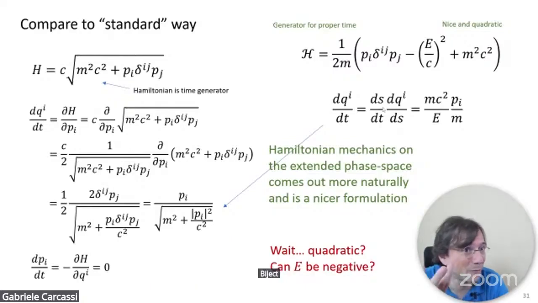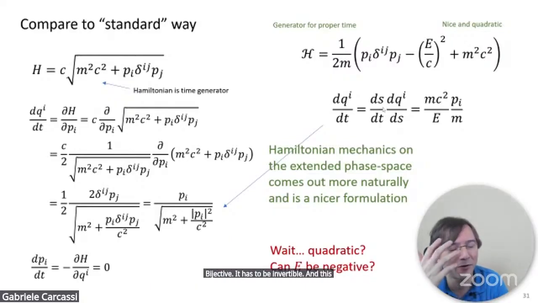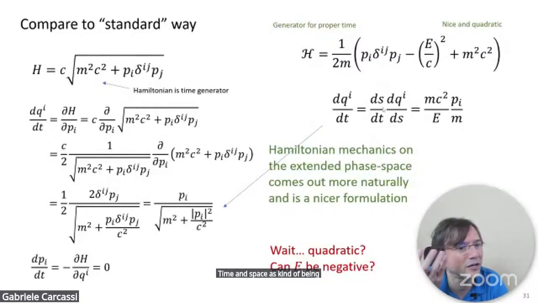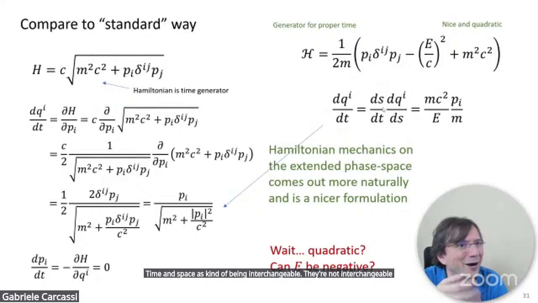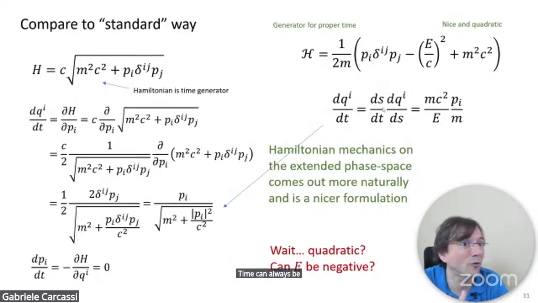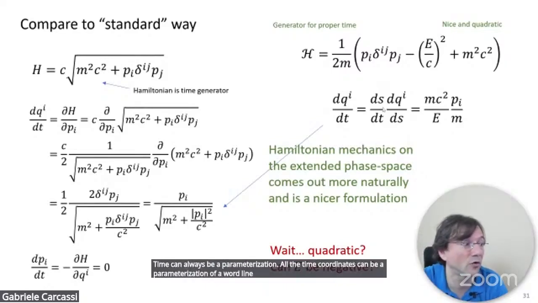It has to be invertible. And this is where, in relativity, we always think of time and space as being interchangeable. They're not interchangeable. Worldlines are the things that we want to describe, and worldlines have to be curves such that time can always be a parameterization. All the time coordinates can be a parameterization of a worldline, while spatial coordinates do not necessarily have to be a parameterization of the worldline.